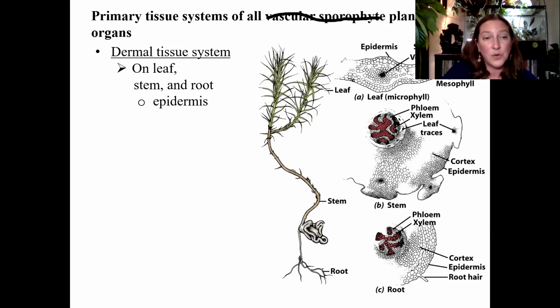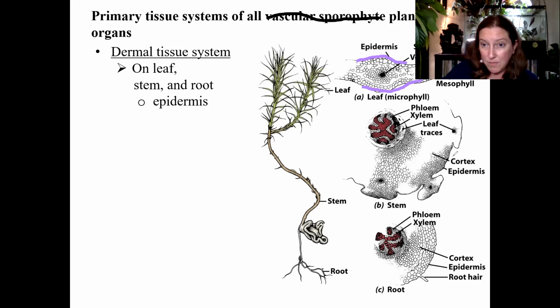So these tissue systems are in all parts of the plant. For example, the dermal tissue system, you're going to have it in the leaf, right? So let's use purple. Dermal tissue system, epidermis, right? So that's here on the leaf. It's right here, like we saw on the slide. There'll also be a lower epidermis, upper and lower.